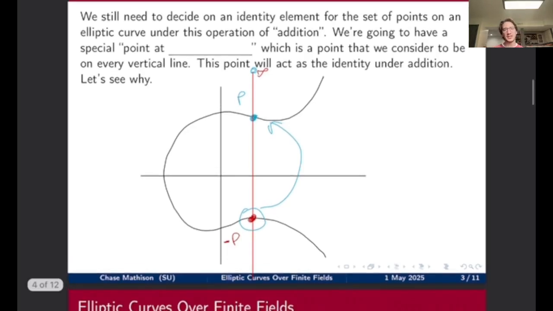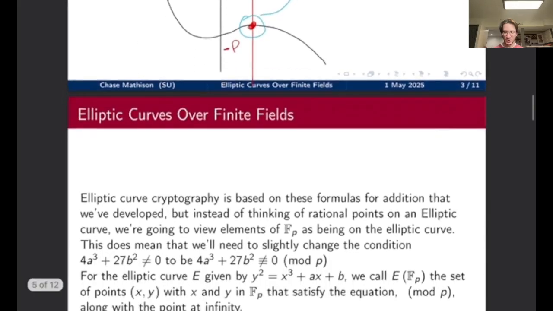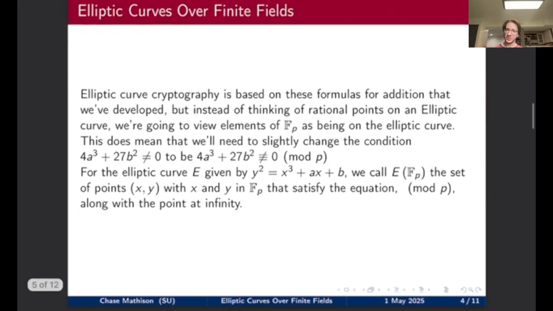So that's that. Now let's talk about elliptic curves over finite fields. Elliptic curve cryptography is based on the formulas that we developed last time for addition. But instead of thinking of rational points on an elliptic curve or real points or integer points, whatever have you, we're going to view elements of FP as being on this elliptic curve.